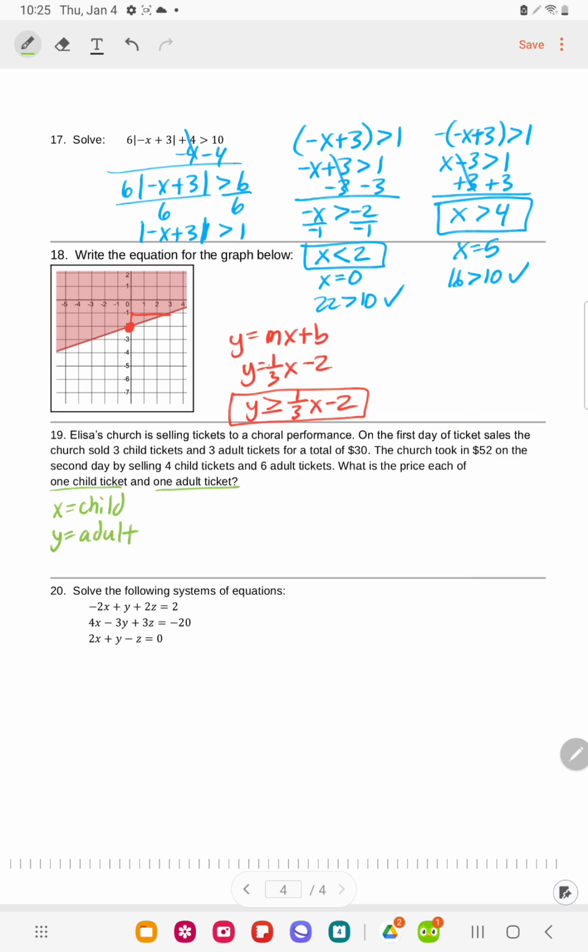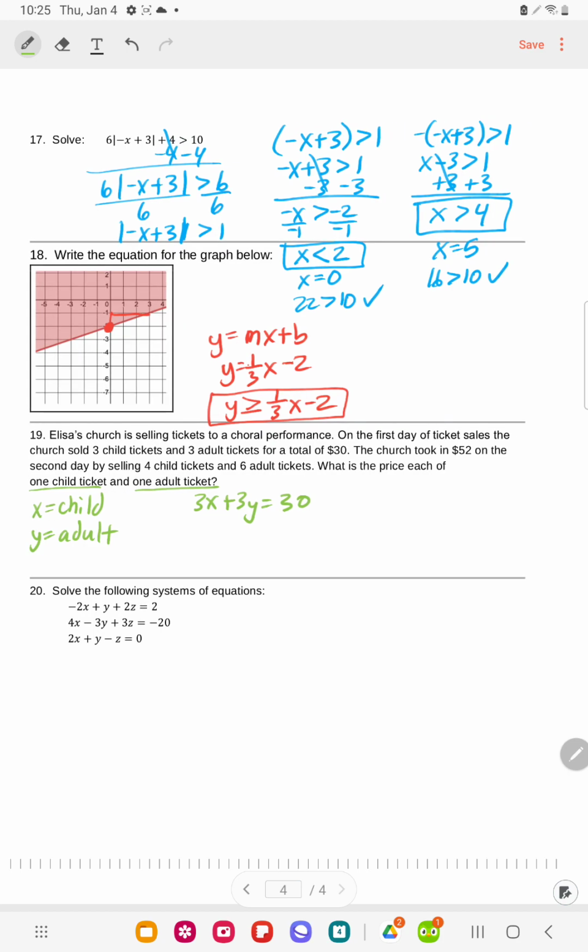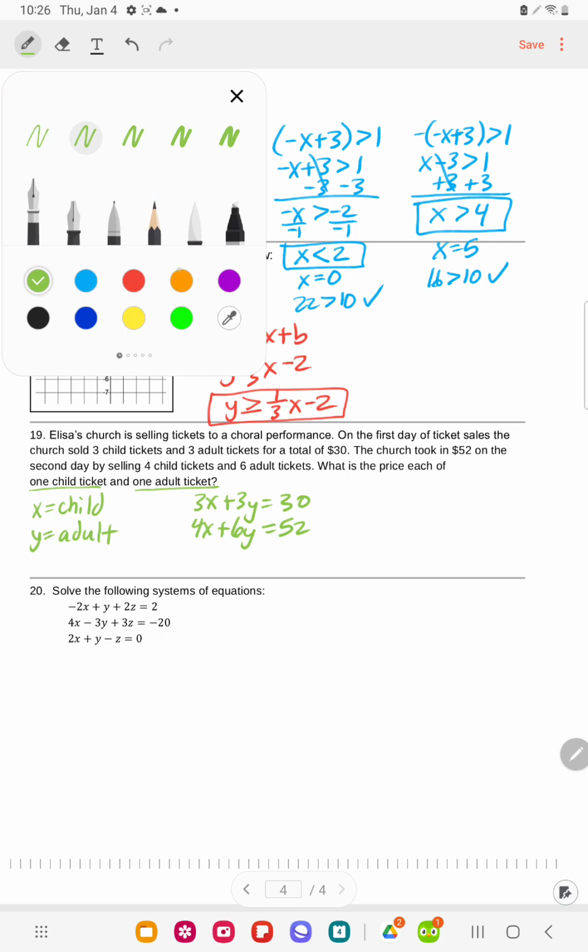So on the first day of ticket sales, sold 3 child tickets and 3 adult tickets for a total of $30. The church took in $52 on the second day by selling 4 child tickets and 6 adult tickets for $52. So now we just need to solve for one variable, and then after eliminating one variable, we'll plug it in to solve for the other variable.